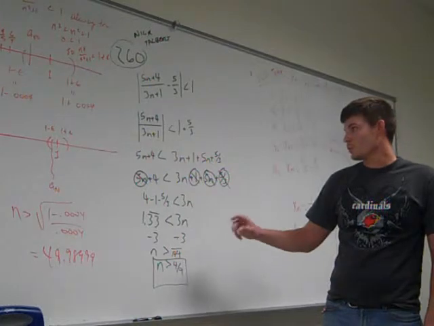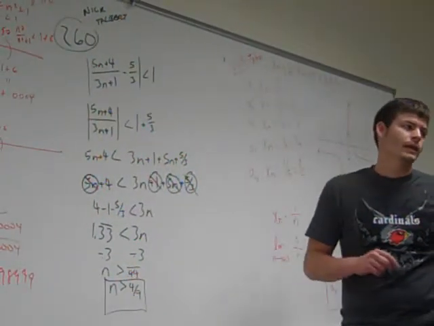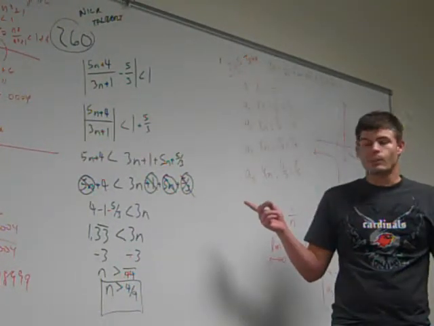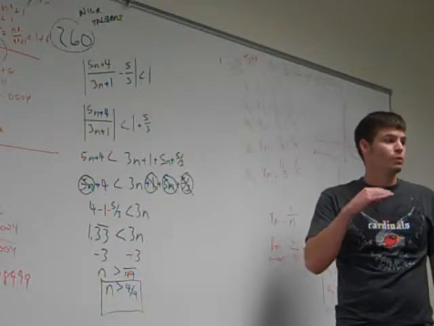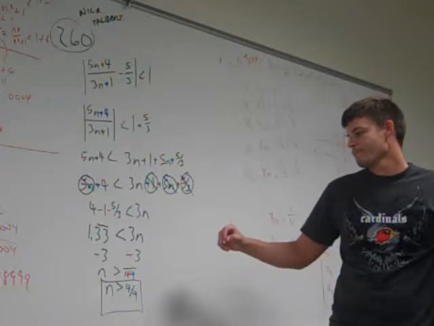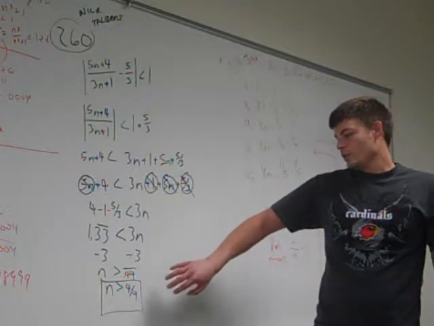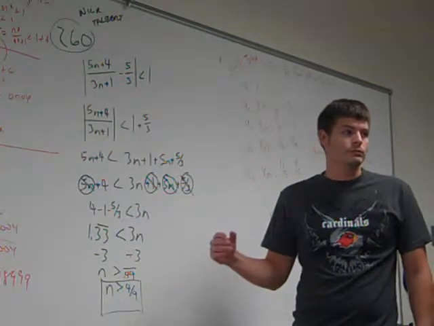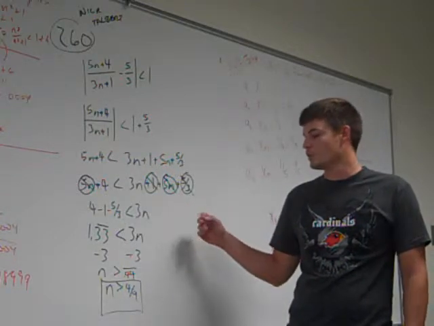The difference between what Scorpio did and this one is that the one on 258 had a set number for epsilon, so you're trying to figure out how big a number you have to get below a certain decimal point of epsilon. Here you're actually just solving for what n has to be to get below 1. So it's just the same problem, just a difference in the number system.